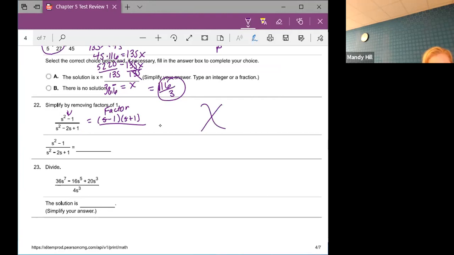Well, how about -1 times -1? -1 times -1 is 1, but -1 plus -1 is -2. So that means we would have an s minus 1 times s minus 1. This is going to cancel out. We're going to be left with s plus 1 over s minus 1. And that is how they want you to type your answer in for that.